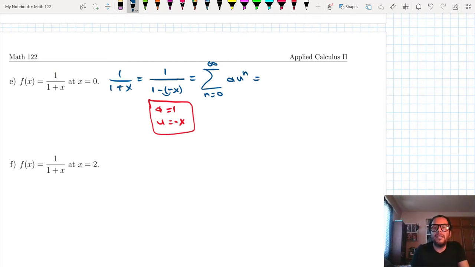So in this case, a is simply 1 times negative x to the nth power, which is this guy right here. I'm just going to highlight with yellow. Okay, so let's take care of this negative sign.